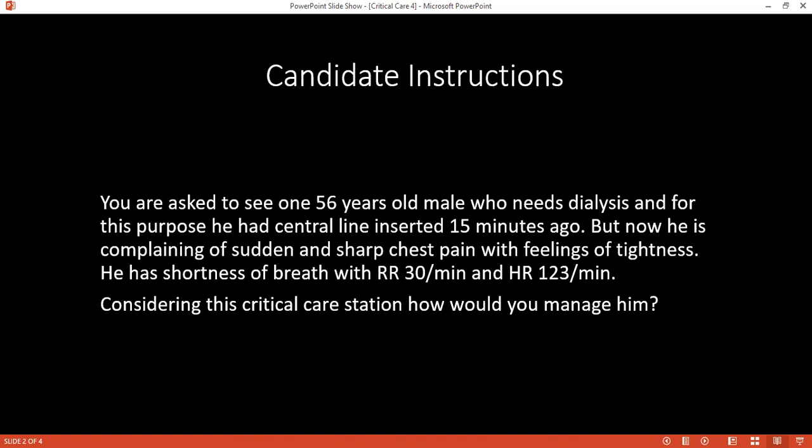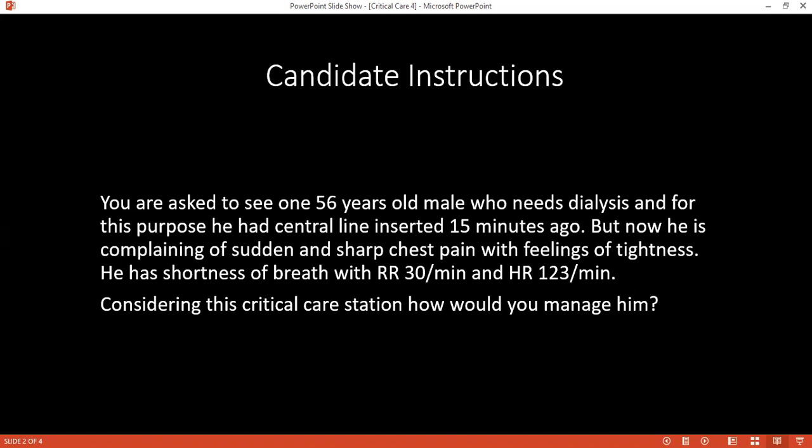Is there anything that I have missed which should be important? How would you evaluate or assess breathing in a patient who has suffered from pneumothorax?